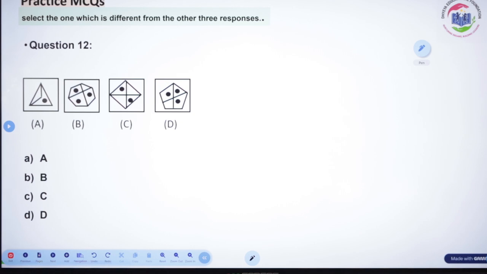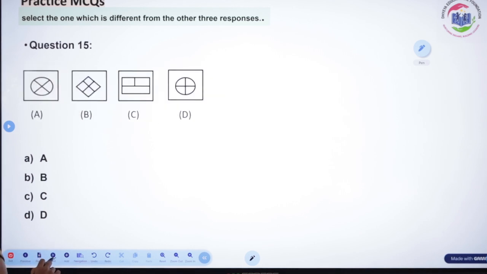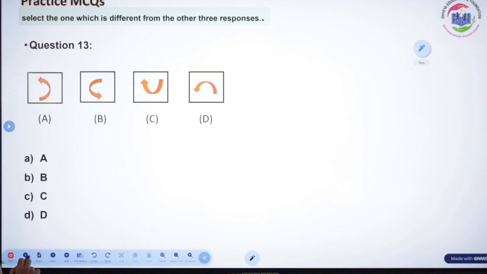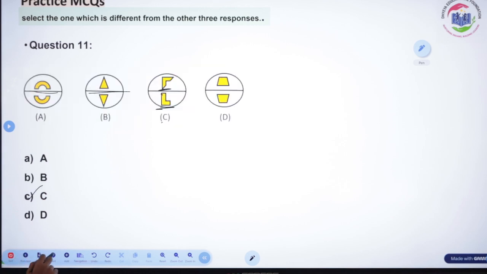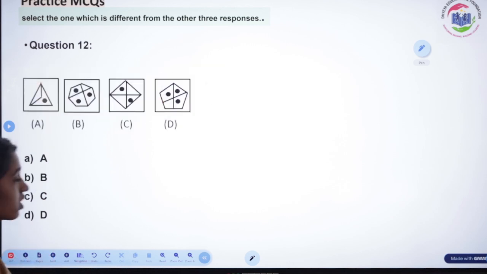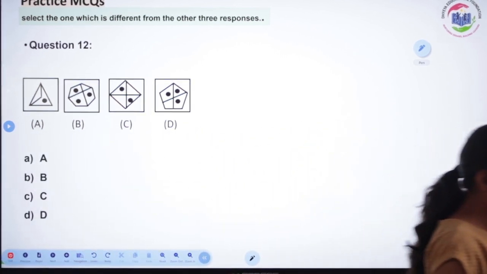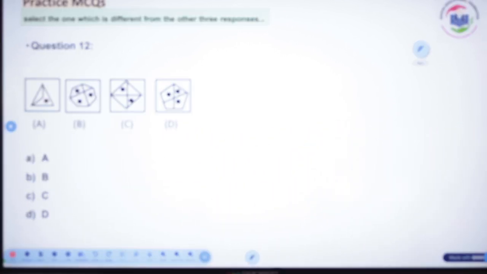Next image. Observe this image and find which one is the odd one out from this. This is the question, and observe which one is the odd one. Option A, B, C or D. Which one is the odd one out?